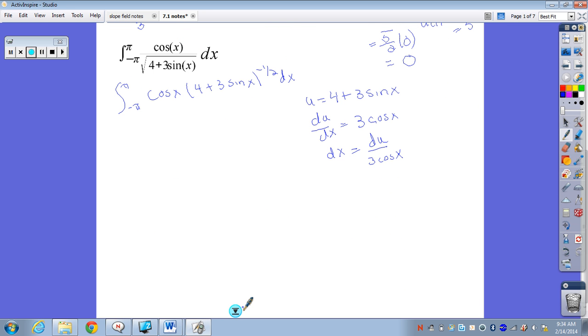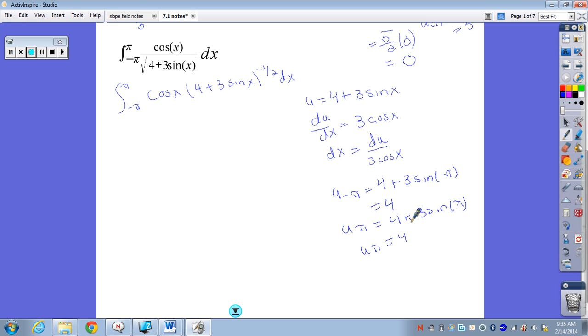And then if we just do our bounds right now, u of negative pi is going to give me 4 plus 3 sine of negative pi, and sine of negative pi is 0, so we get 4, and u of pi is 4 plus 3 sine of pi, so u of pi is also 4.